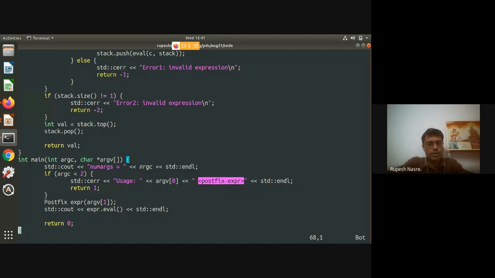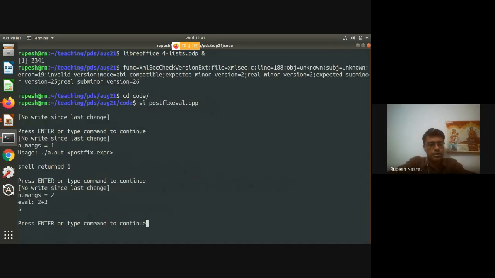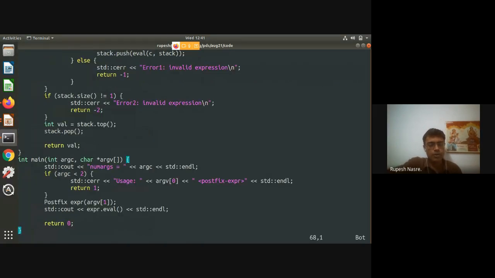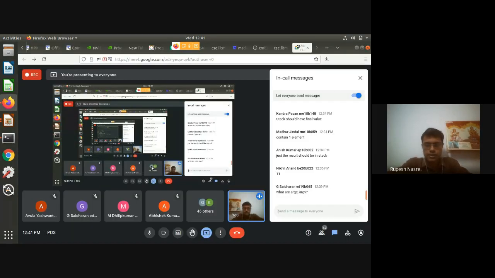So the number of arguments I have printed here as 1. So if you give some other argument, let's say 2, 3 plus, right? So it is going to now have number of arguments equal to 2. The usage is correct, and therefore it is going to evaluate that and then give the final answer. Okay, so now let's look at the algorithm. But any other questions here apart from argc, argv?